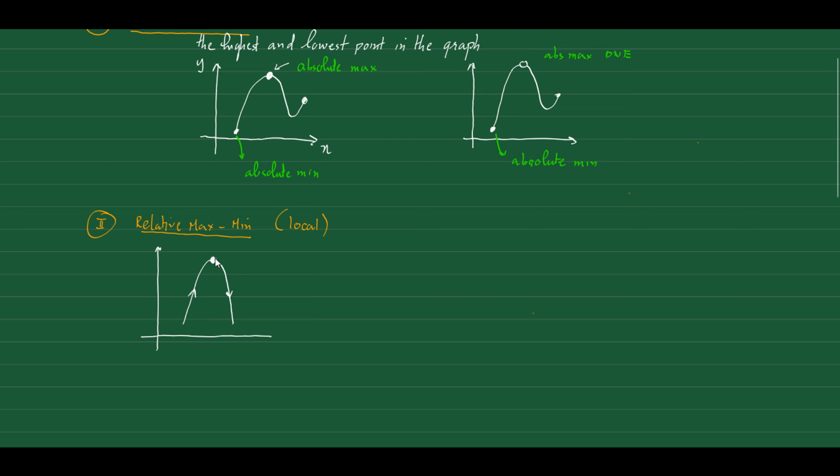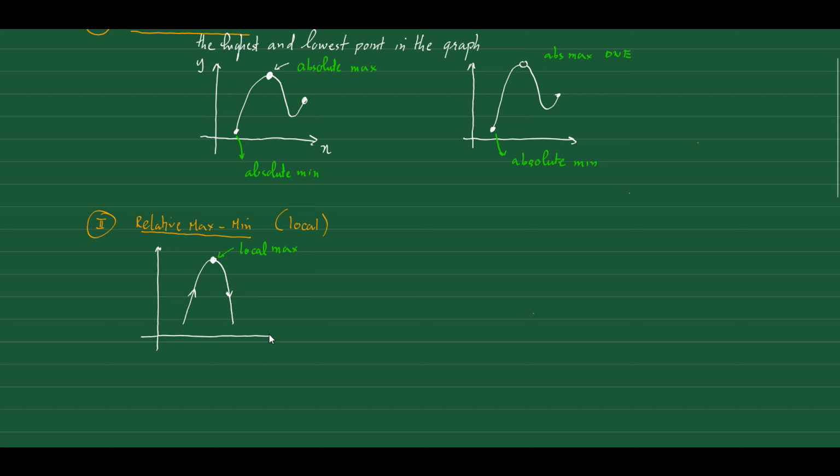It is the absolute max, but it's also the local maximum, because it's the intersection, a connection between the increasing and the decreasing.